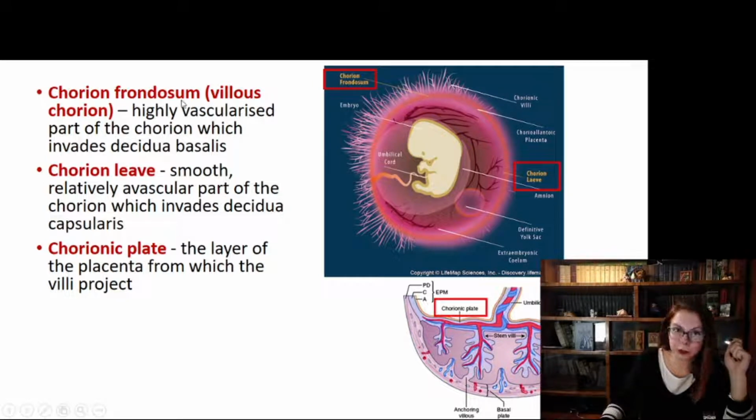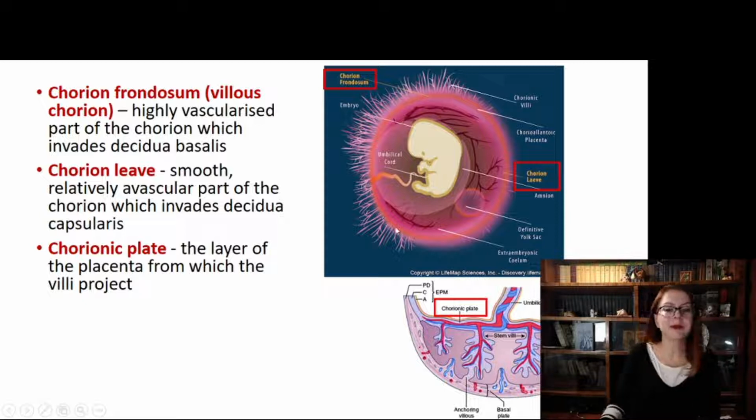This is the chorion frondosum or villous chorion, and chorion laeve. Locally, in the place where chorion invades the decidua basalis, we can see the so-called villous chorion, or the chorion frondosum.